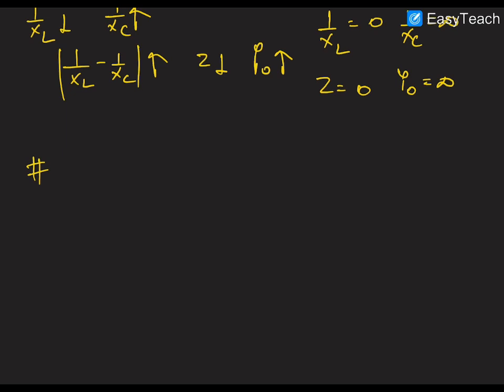In series LCR circuit, we have already studied that at resonance the impedance becomes minimum, and it welcomes the current having the frequency equal to the resonance frequency. So that is an acceptor circuit, and this is a rejector circuit.